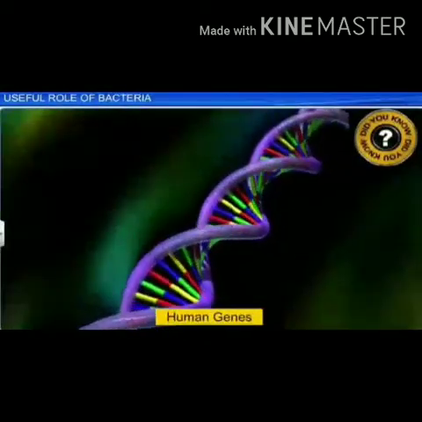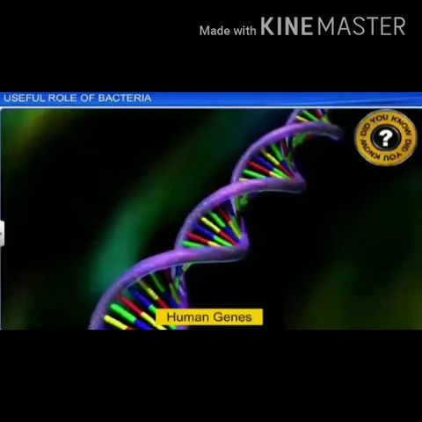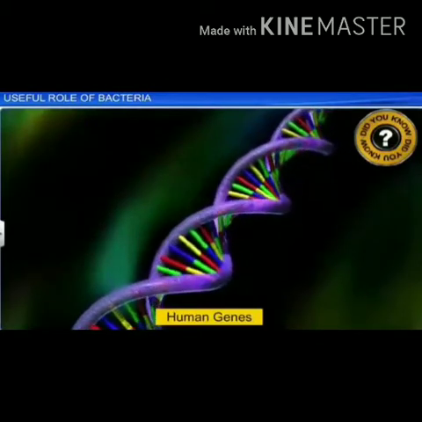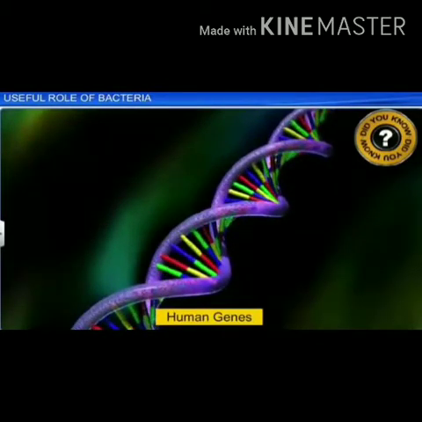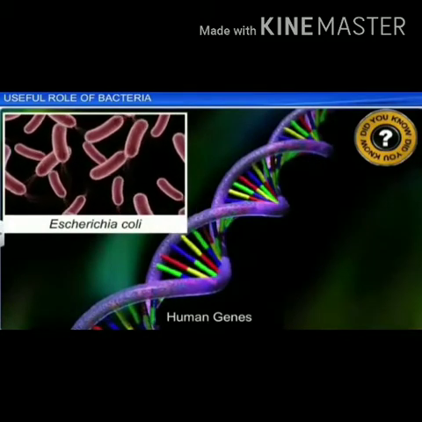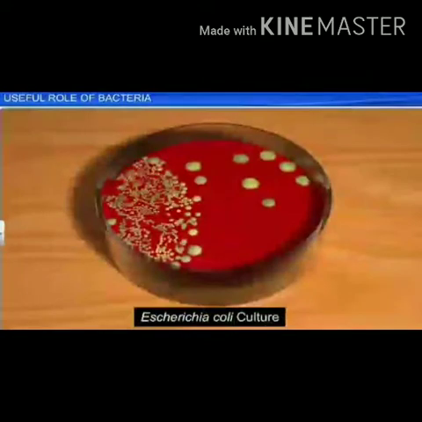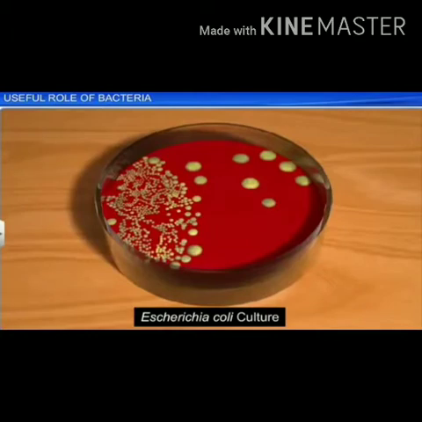Did you know that today, genetic engineering has made it possible to introduce human genes into certain bacteria like Escherichia coli? Bacterial cultures grow quickly and allow us to extract specific gene-dependent products or serum compounds from them.